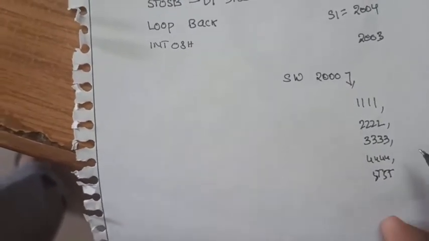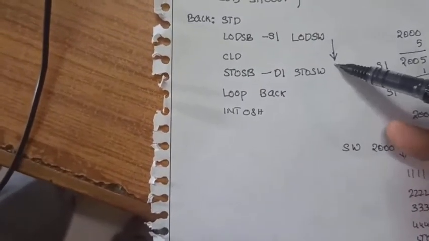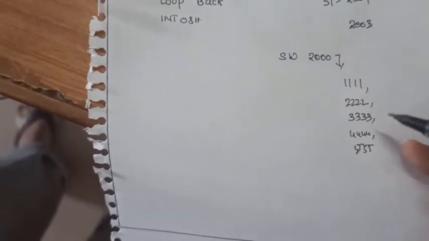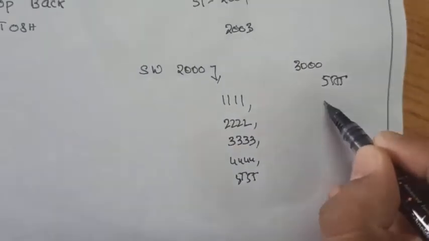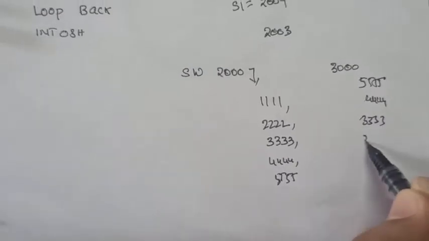Any data you can take. When you are accessing in terms of words, you have to change the instruction to the word format, and give the inputs also in word format. Then you can see the output in the 3000 location as 5555, 4444, 3333, 2222, 1111.